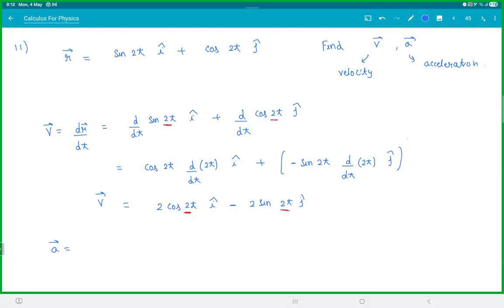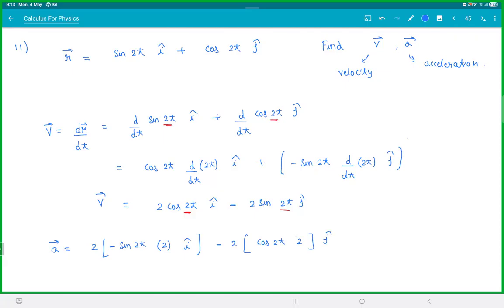So I'll write down directly now. 2 times the differential of cos, which is minus sine 2t, then differentiate the 2t again, that will give you one more 2. I hope that was clear. If someone is confused, please ask. I skipped a step there. The differential of sine 2t is cos 2t, then differentiate the 2t again, that gives you 2.